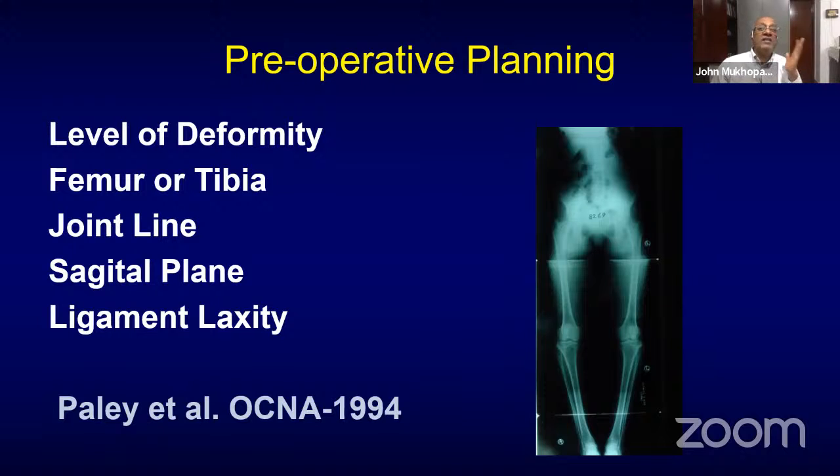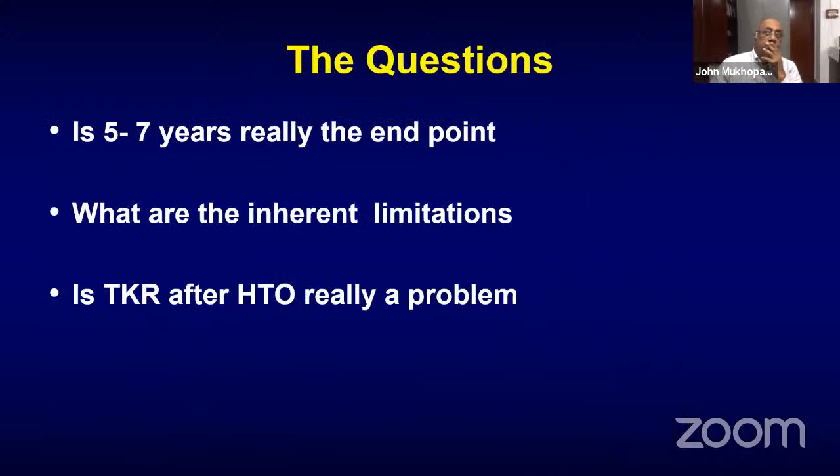You need to look also at the sagittal plane. We tend to only look at the AP plane, but in some cases, if there's a sagittal plane deformity, you also need to do long leg sagittal, that means lateral films, to look at the sagittal plane deformity. And you need to also assess any ligamentous laxity. And all these were brought out clearly by Bailey in his article in OCNA 1994.